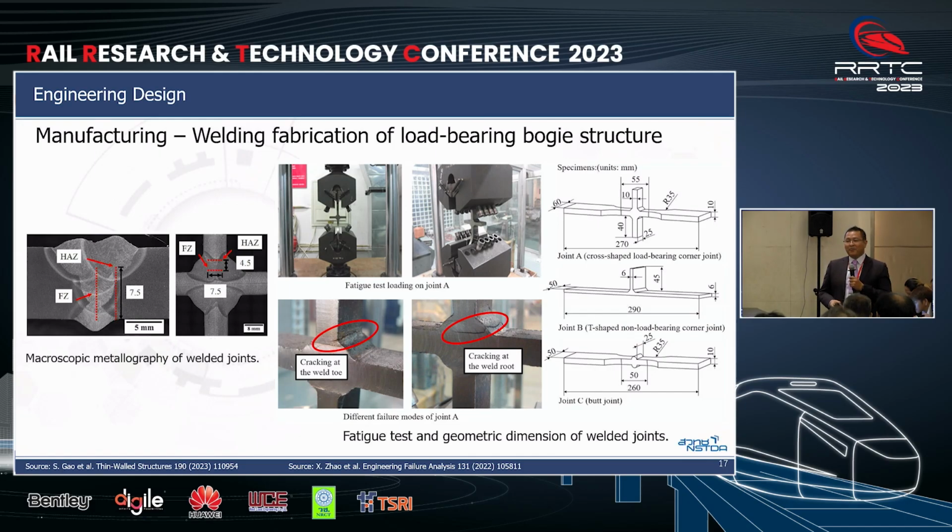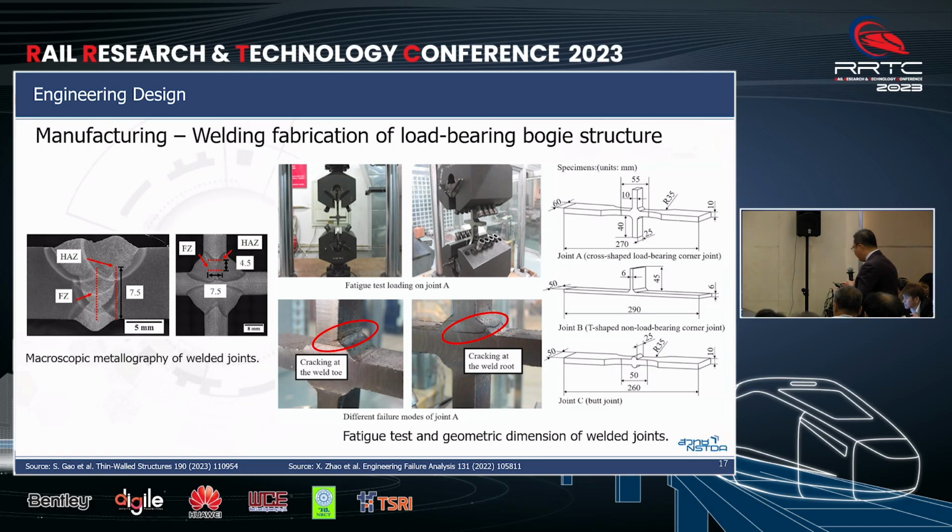As you know, the welded joint, or the weldment, is the weakest region in the structure. That's why when we manufacture or fabricate a bogie, we need to understand the fatigue resistance of the welded joint clearly. So in our research, we are going to conduct fatigue tests of the welded structure.